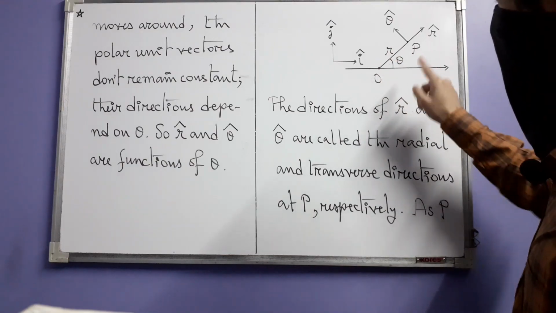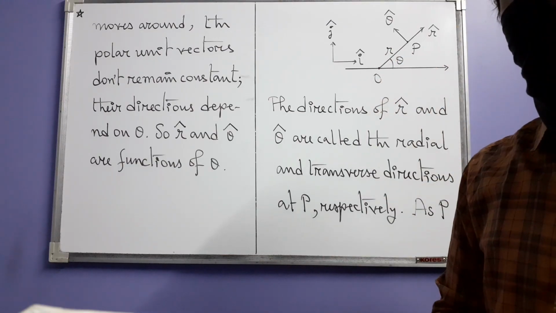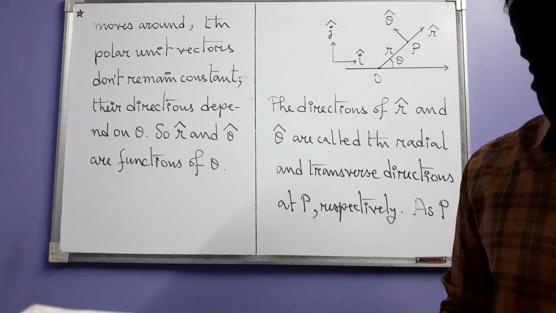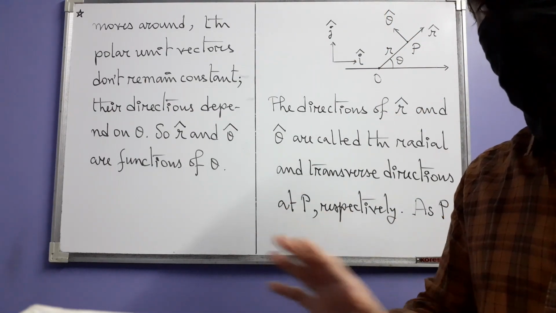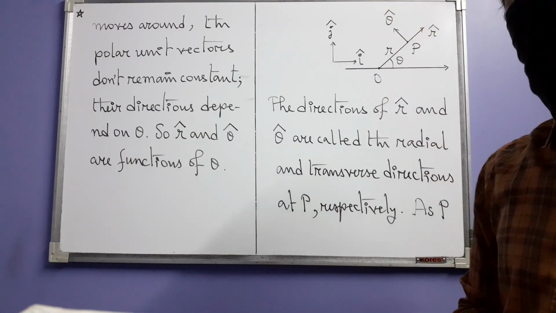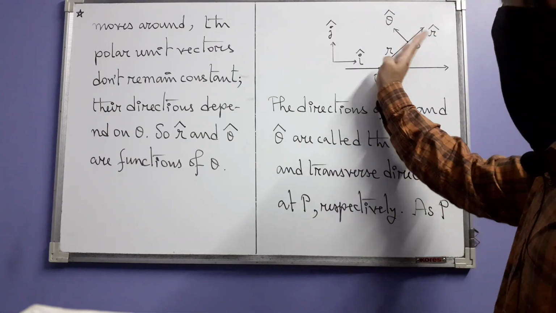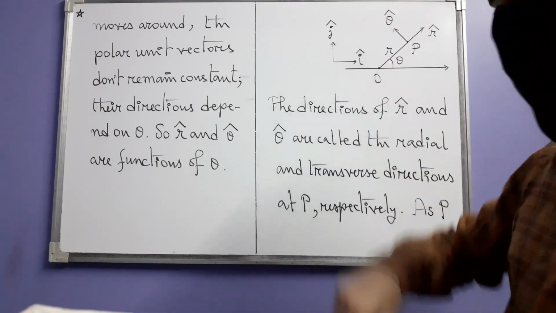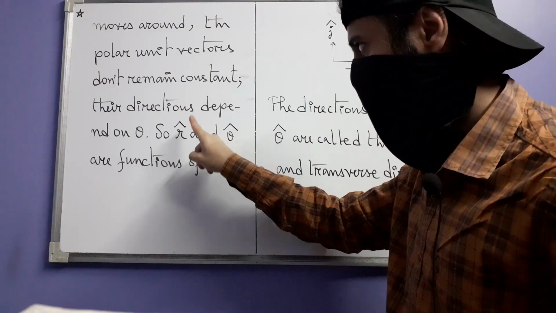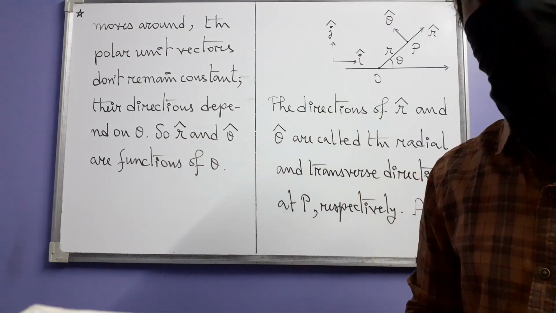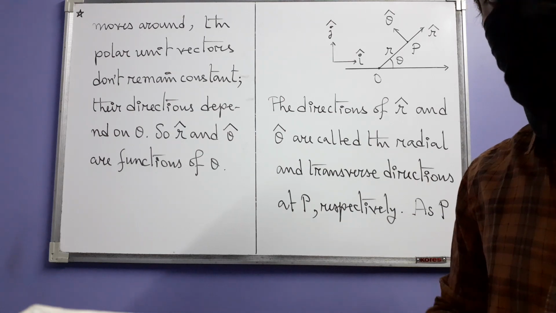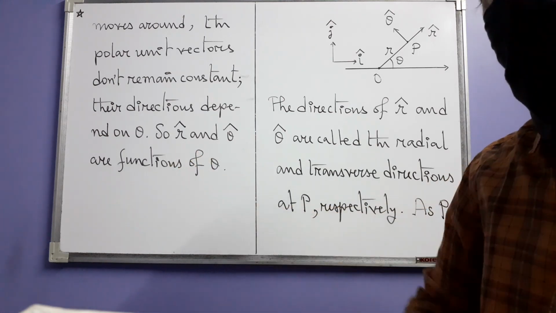So changing r does not change r hat. Similarly, changing r does not change theta hat. That also continues to be a unit vector which is perpendicular to this one. However, if you change theta, then things change. So you get this interesting fact that these vectors are functions of the scalar variable theta. They don't have anything to do with r.